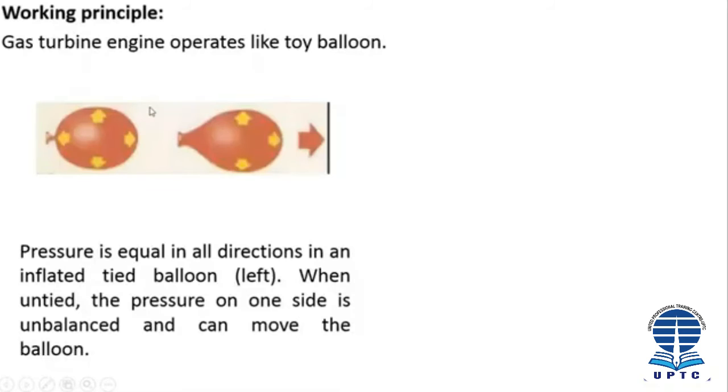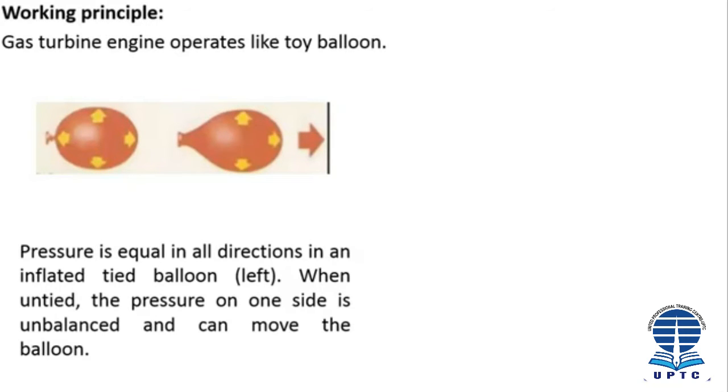For the working principle, we can consider that the gas turbine engine operates like a toy balloon. Pressure is equal in all directions in an inflated tied balloon, as you can see on the left side of the picture. On the right side, when the balloon is untied, the pressure on one side is unbalanced, so air moves from high pressure to low pressure and rushes out of the balloon.